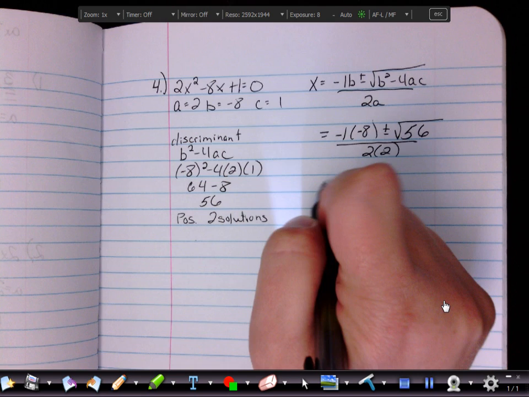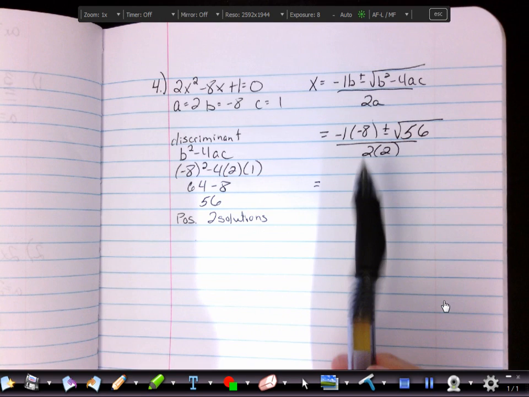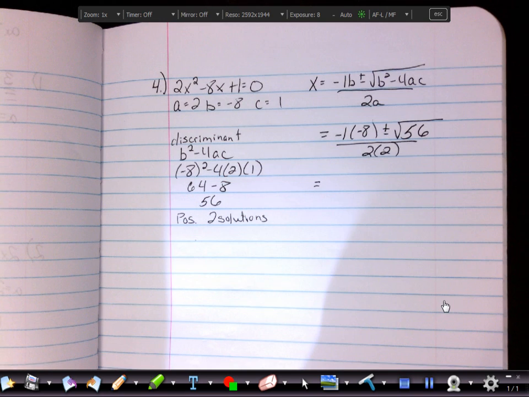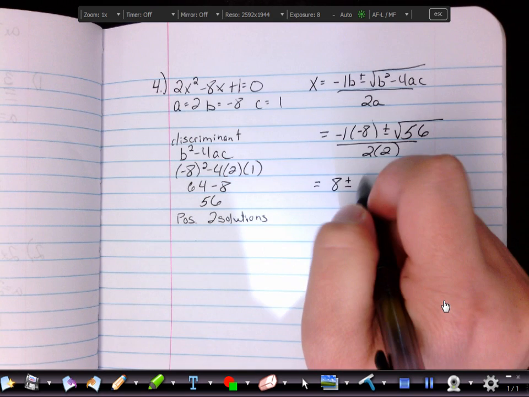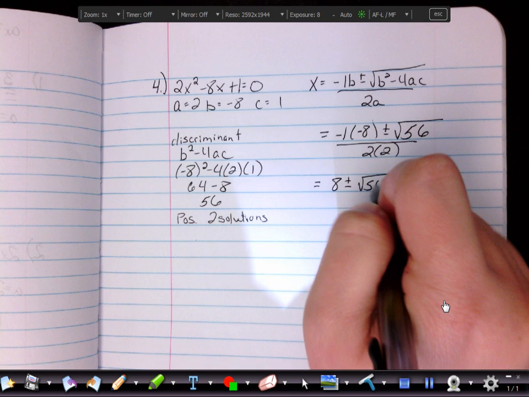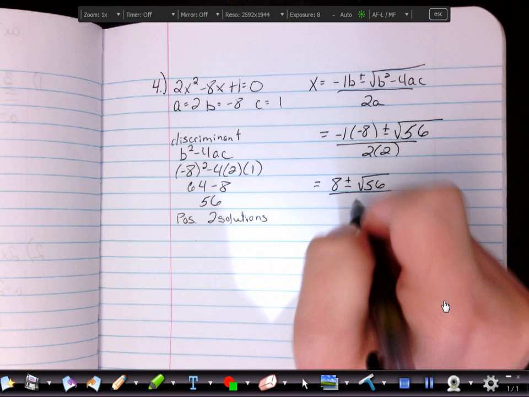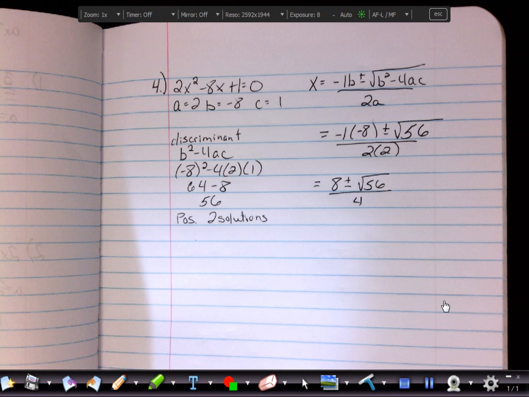So now we're going to work with our formula. We're going to do our multiplying here. So we're going to say negative 1 times negative 8, and that gives us positive 8, plus or minus the square root of 56 over 2 times 2 is 4. Now we're going to plug the square root of 56 into our calculator.